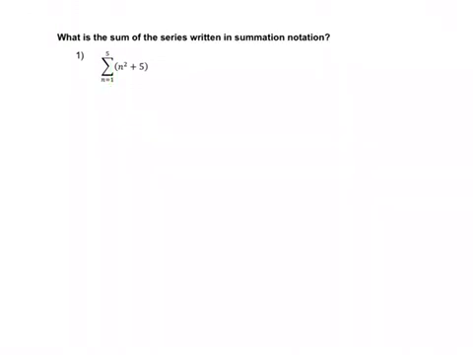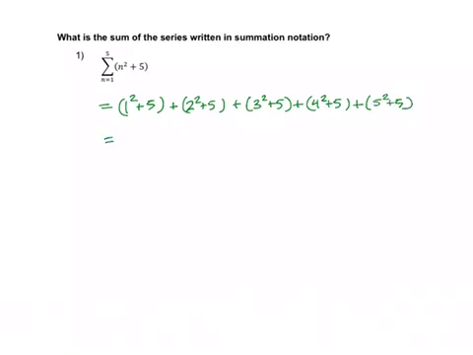So this means that in this case I'm going to have 1 squared plus 5, then plus 2 squared plus 5, plus 3 squared plus 5, plus 4 squared plus 5, and plus 5 squared plus 5.